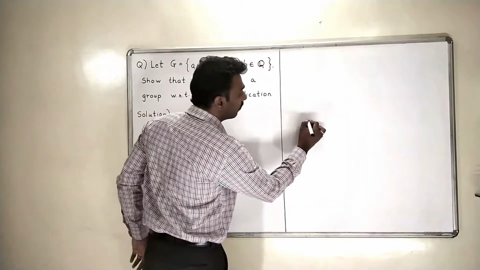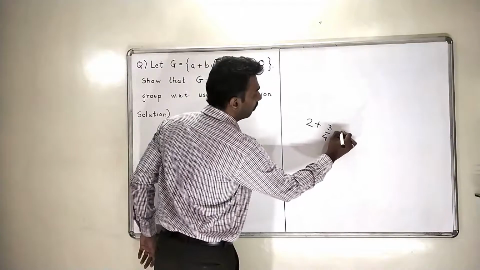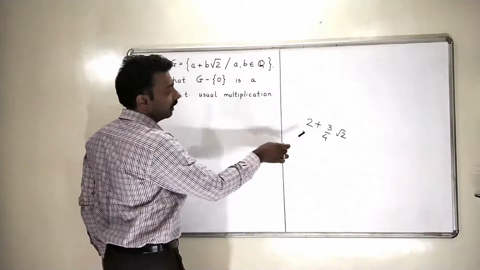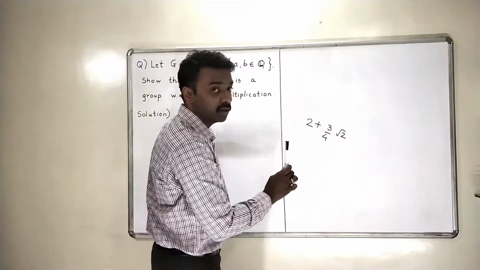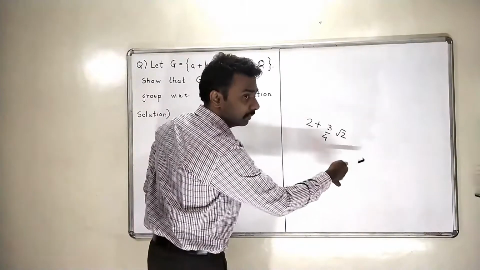So if I take any number which is 2 plus 3 upon 4 multiplied by root 2, all numbers are of this form, where a is a rational, b is also a rational number multiplied by root 2. I will collect all such numbers.